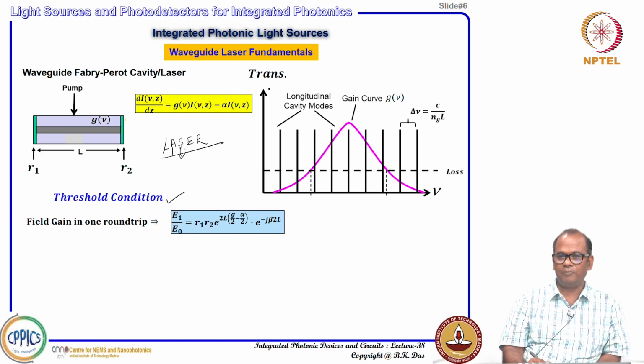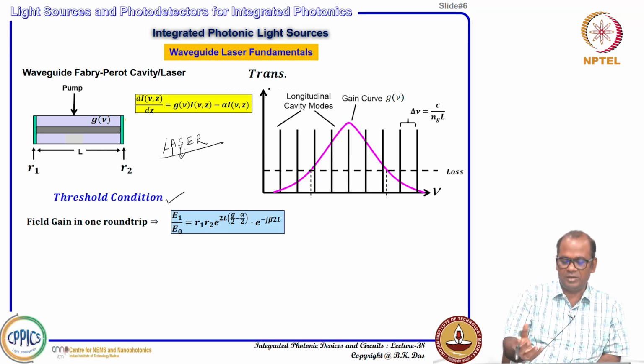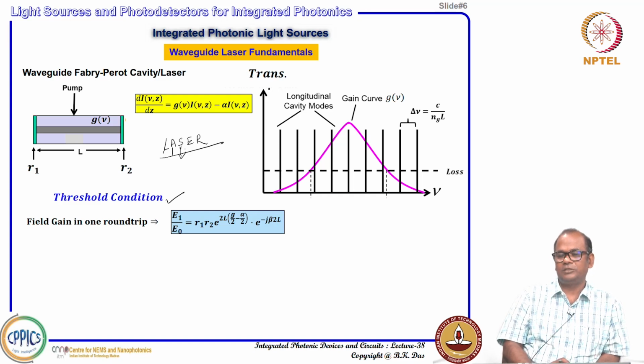So, the emission will happen, and it will be triggered, initiated by some means. For example, if you have a certain photon with certain frequency propagating, and the medium is such that this one photon helps to emit another photon with the same properties as that initial photon, then it is called stimulated.